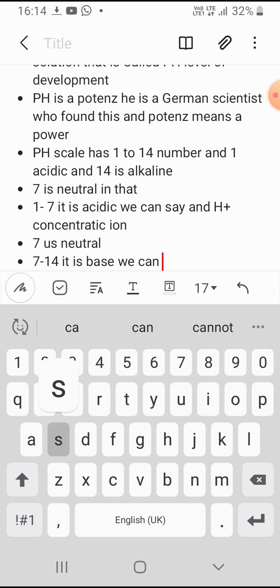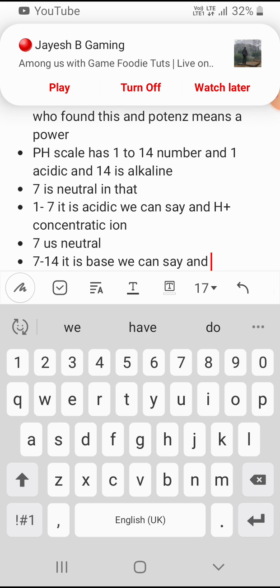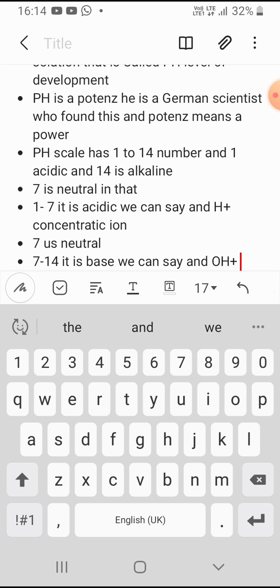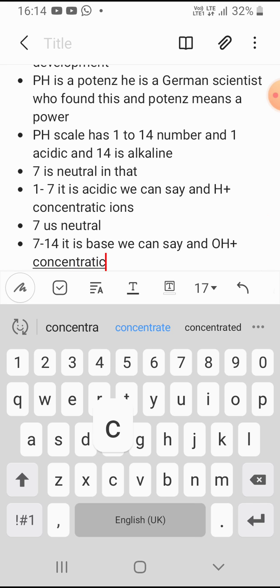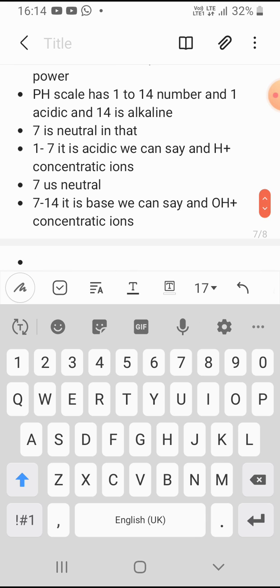OH ions are the concentrated ions for that 7 to 14, the base.